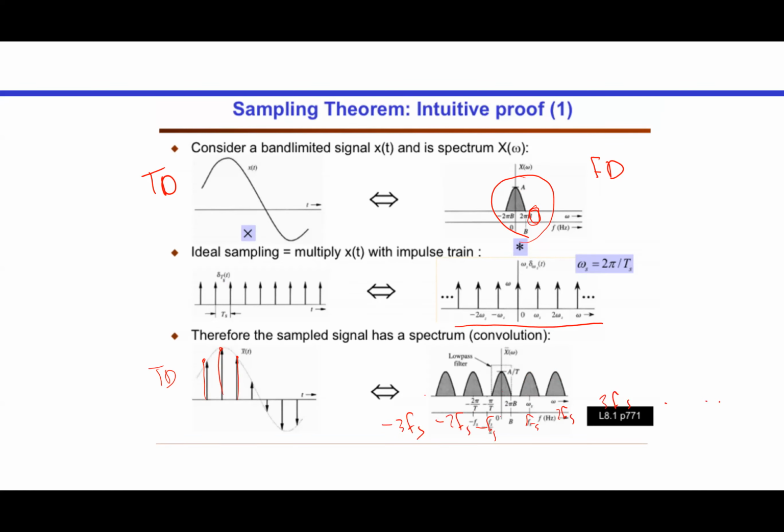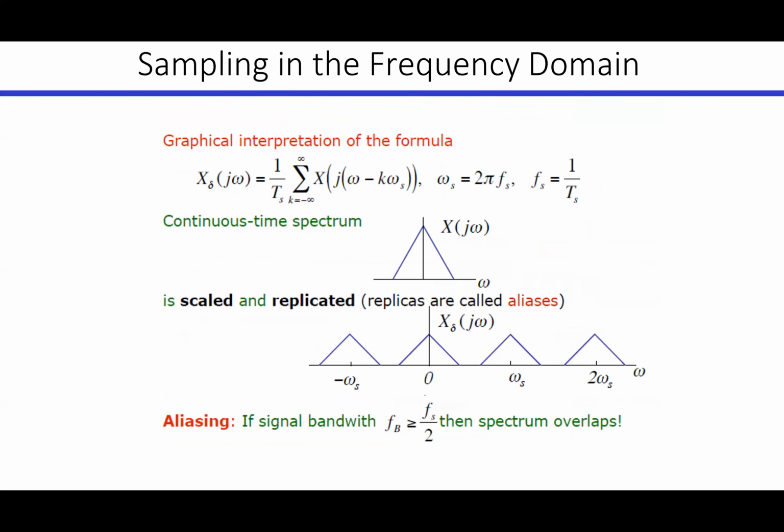This is what happens in the frequency domain during the sampling process. We will have scaled and replicated copies. We call all these copies aliases.